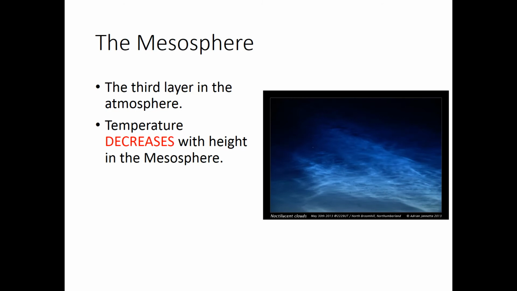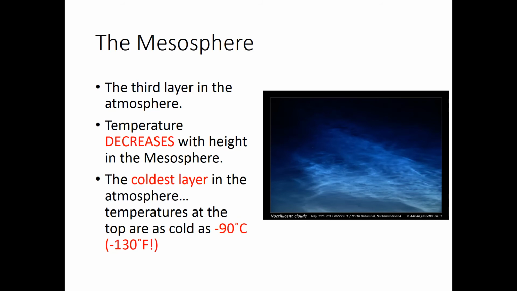An interesting thing about the mesosphere is it's the coldest layer in the atmosphere. Temperatures at the top of it get as cold as negative 90 degrees Celsius or negative 130 degrees Fahrenheit. So it gets really cold up there.